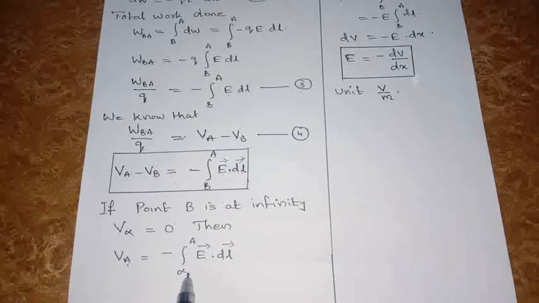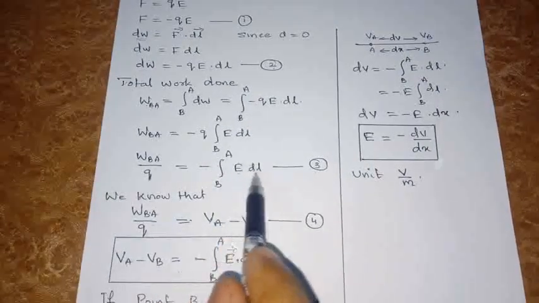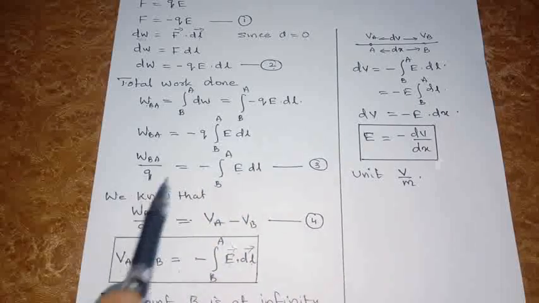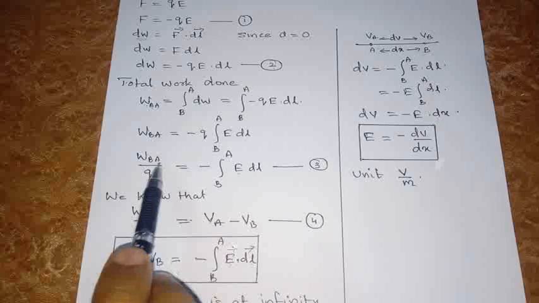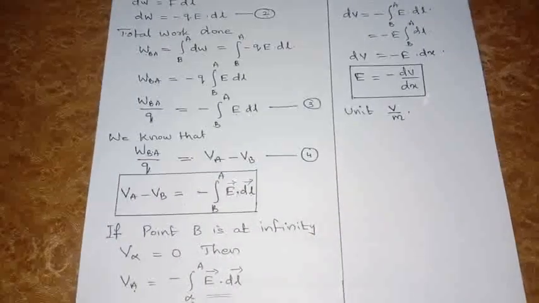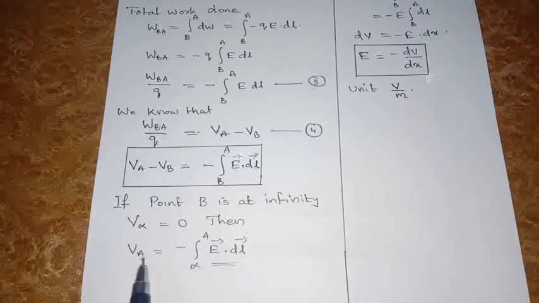This is nothing but the total work done. We already proved that the negative line integral of electric field over any length is the total work done to take a unit charge from one point to another point. Here it is the total work done to take a unit charge from infinity to A, which is nothing but the potential of that point.